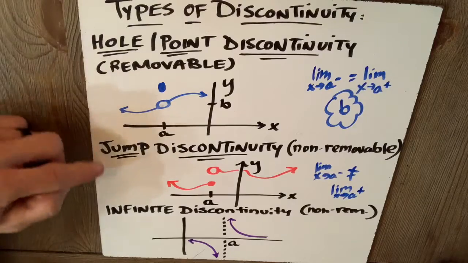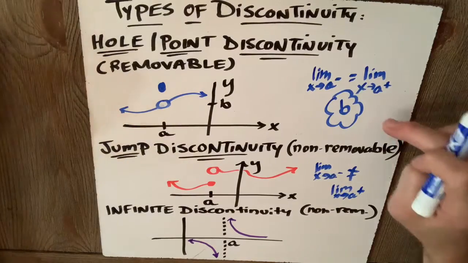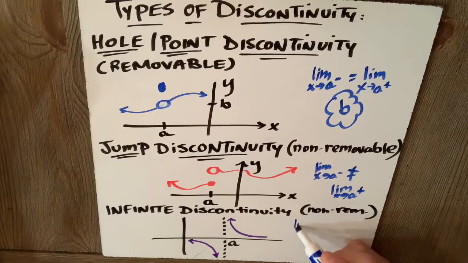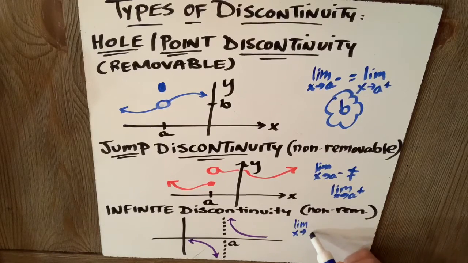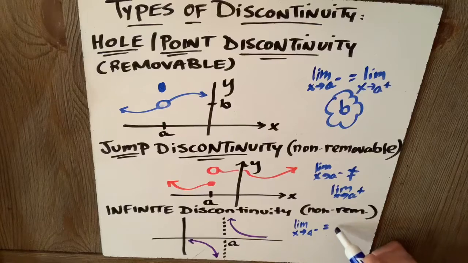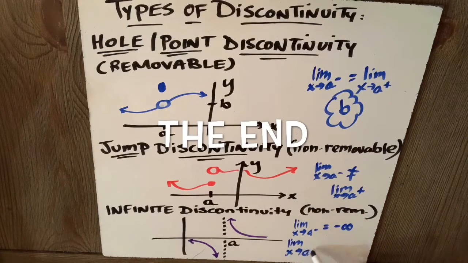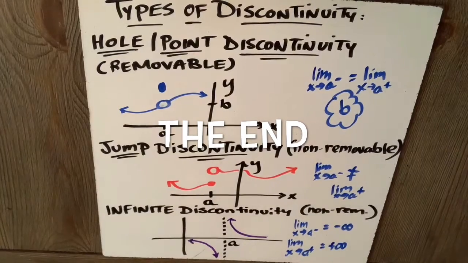That's the difference between a jump discontinuity and a hole. The limit exists with the hole. It doesn't exist with jump discontinuity. And here, of course, the limit as x approaches a from the left is going to negative infinity. And here, the limit as x approaches a from the right is going to positive infinity. That was just a bonus review of limits.